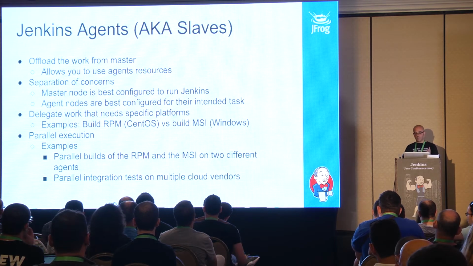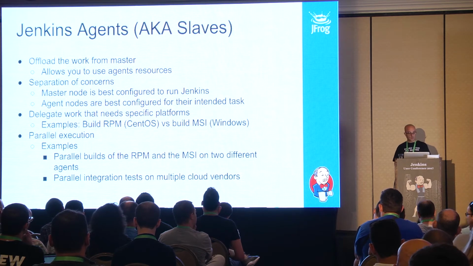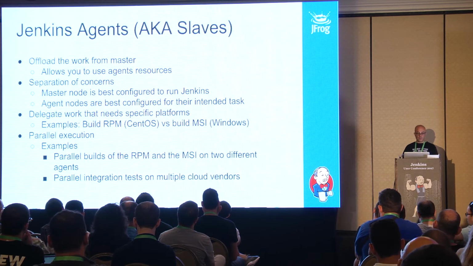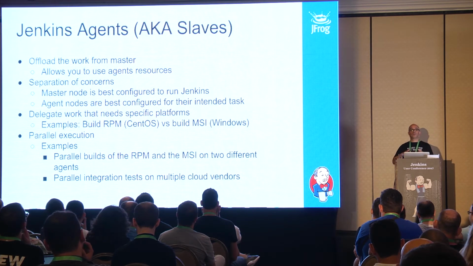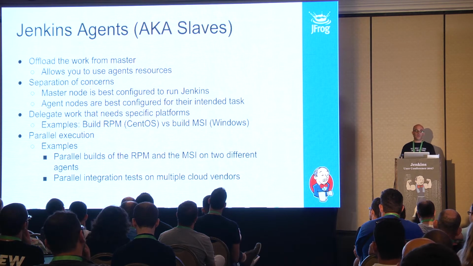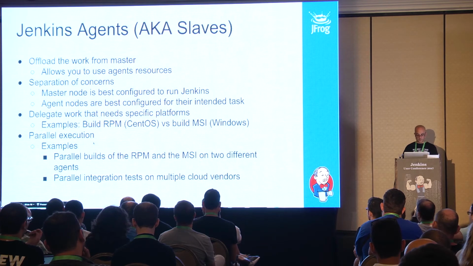So for example, you can build an RPM on one agent and then build a Windows MSI on another agent. You can execute your job or your tasks within a job in parallel on different agents to save time and to better use the resources of your setup.